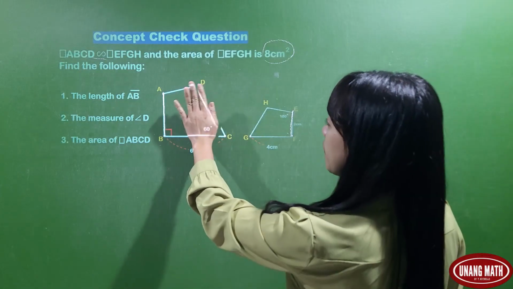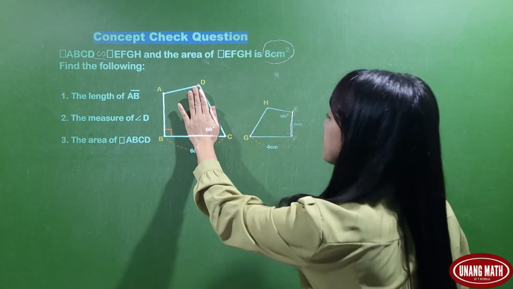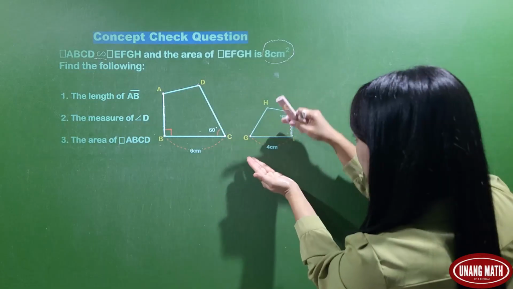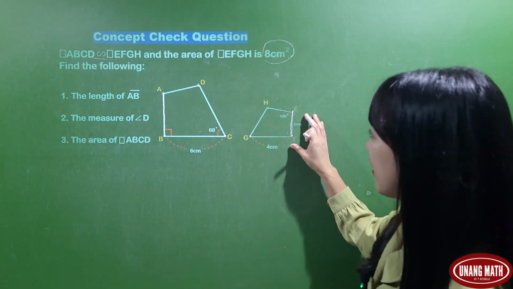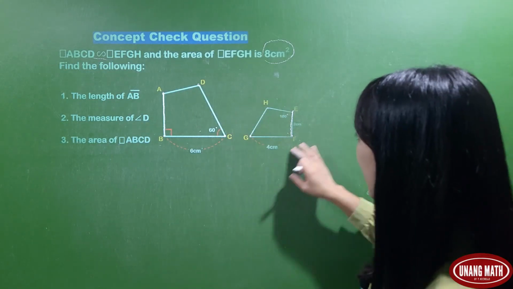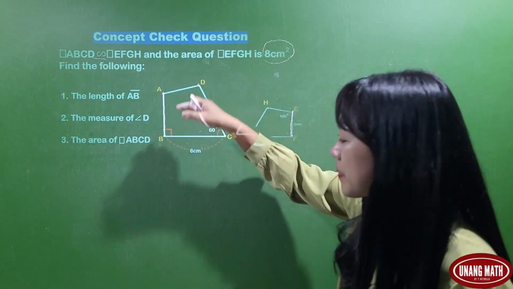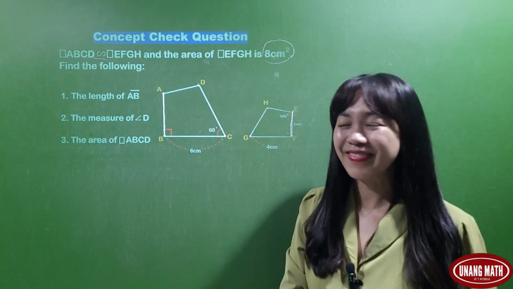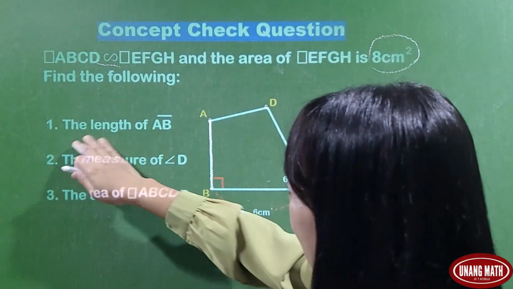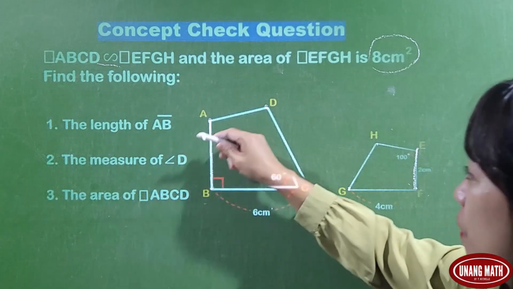So this bigger figure, flip and make it smaller, is now the smaller or reduced version of the bigger one. Now let's find the length of segment AB.